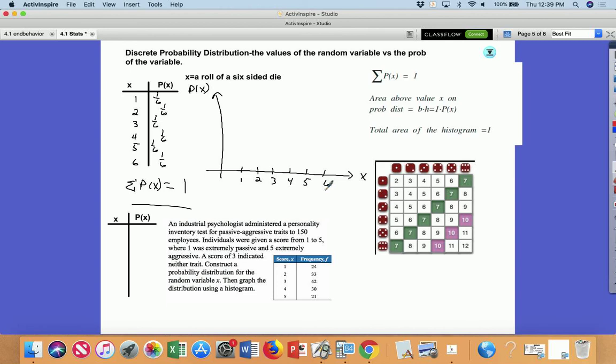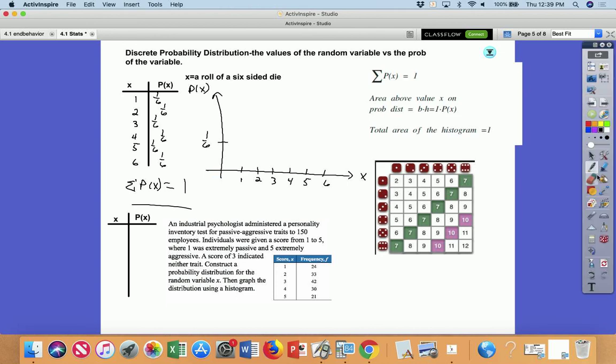And then here, let's go ahead and put the probabilities, which there's only one, so this is kind of a boring probability distribution, but let's just put a scale of 1/6 on our vertical axis.